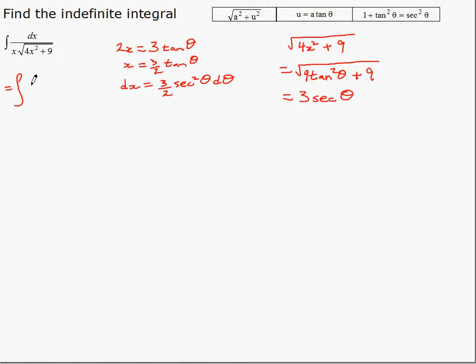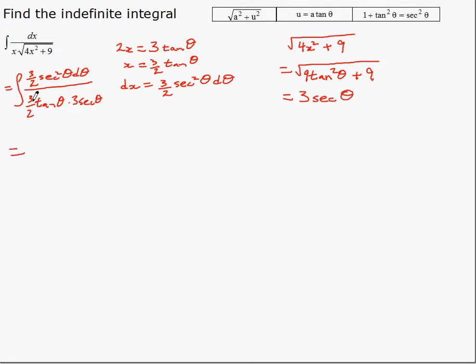If we fill in the rest of the pieces, then on top we get 3 over 2 secant squared theta d theta for dx. x is 3 over 2 tan theta, and the root is 3 secant theta.